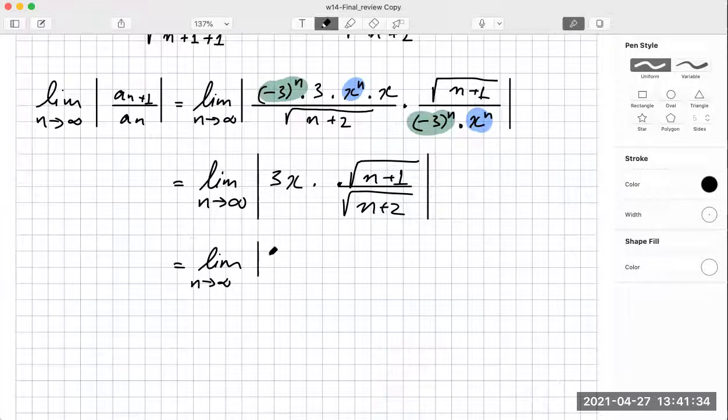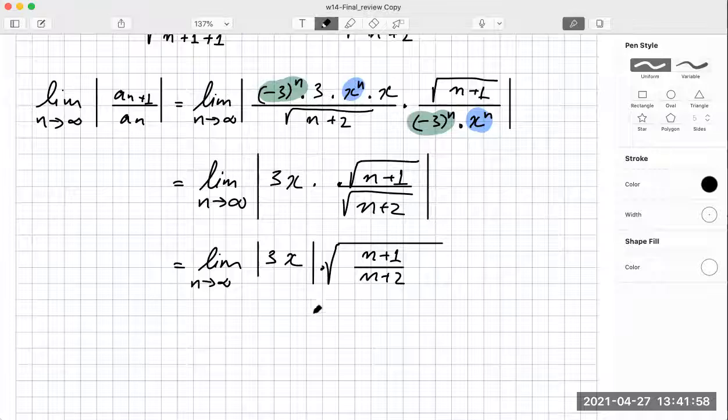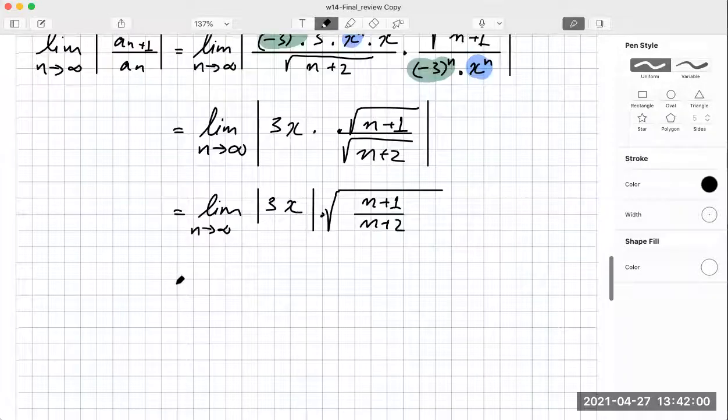And here, the number 3 times x, we can write it as this guy, because we know that the square root of this is positive. But now we can also write n plus 1 over n plus 2. They have the same power. We can write it in the same radical sign right here. So 3 is a positive number. We can take it out of the absolute sign here.